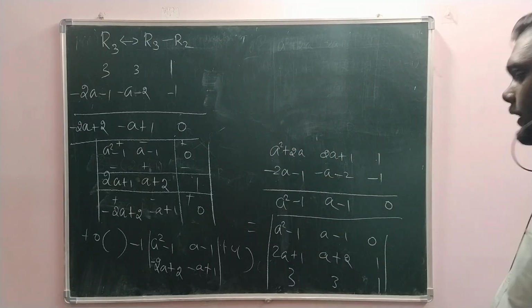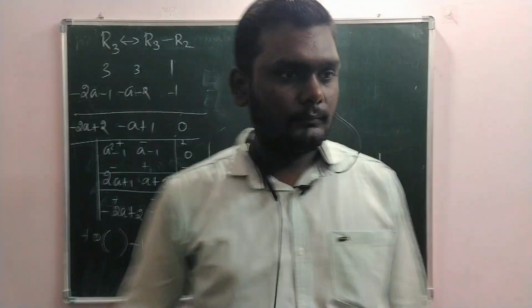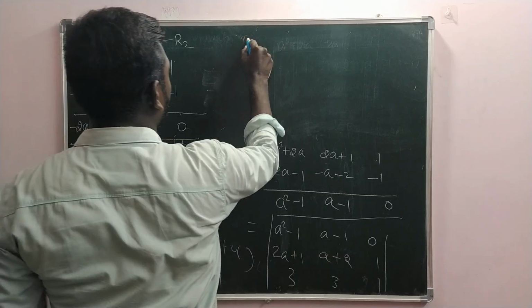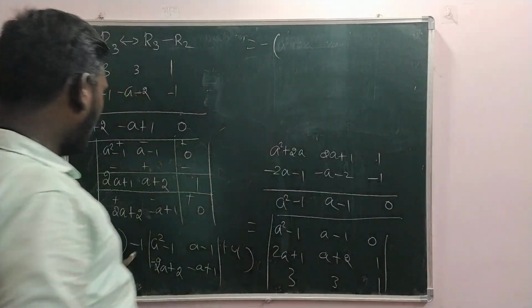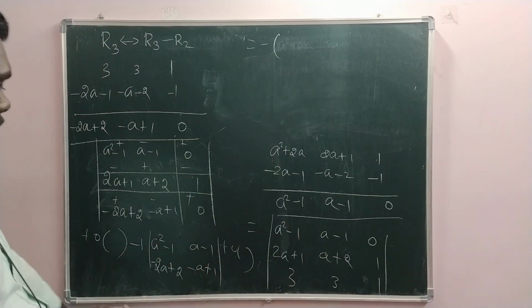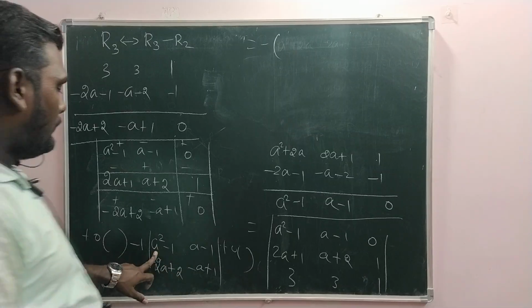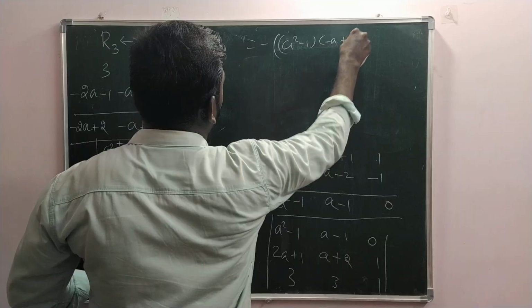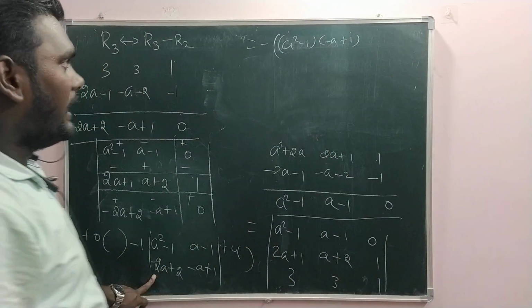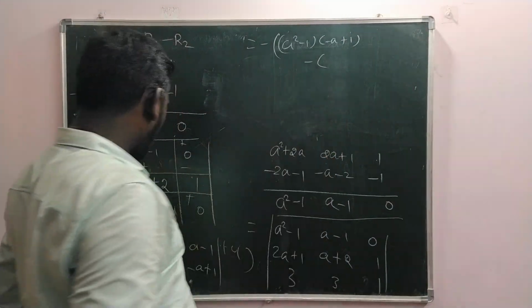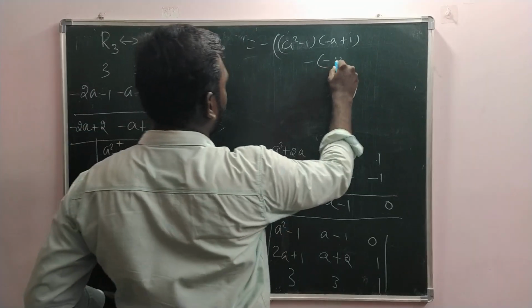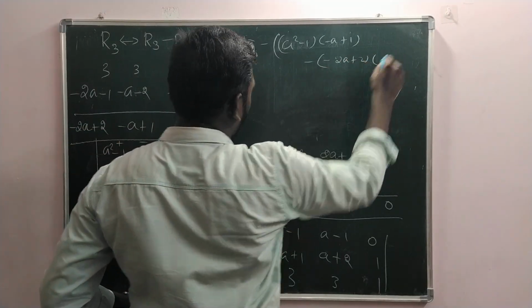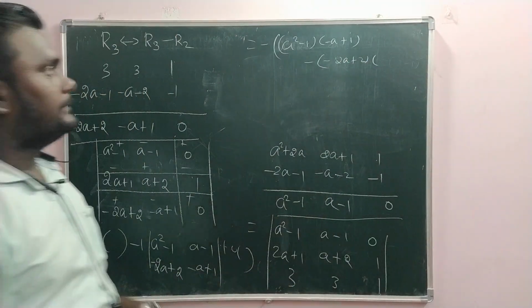Now that determinant alone we should work out, man. So minus of, because this minus is there, these two elements will become 0. Now these two can be multiplied. A square minus 1 into minus a plus 1, minus, this is what, minus 2a plus 2 into a minus 1.